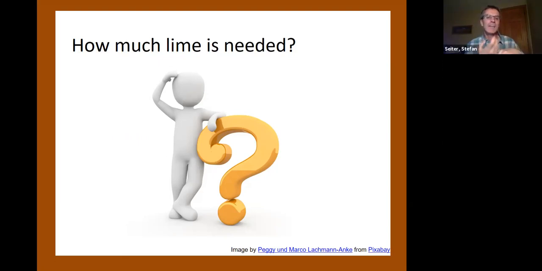So the more finely ground the lime, the quicker it acts, because it attaches itself more quickly to all of these soil surfaces, and then it can displace the hydrogen and the aluminum from these soil surfaces much more easily.